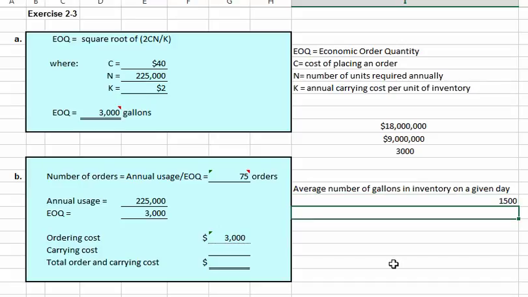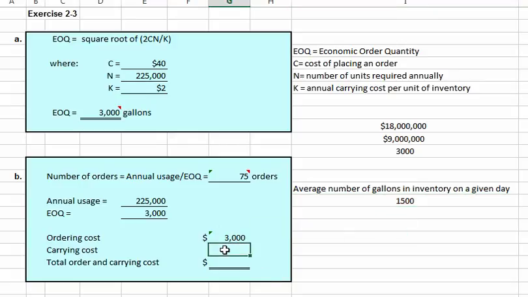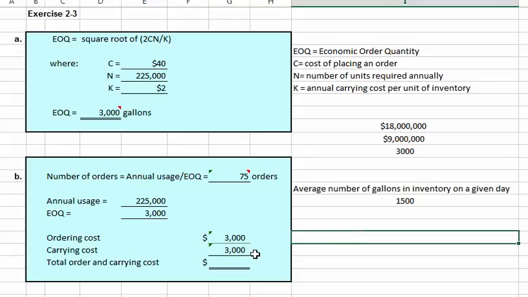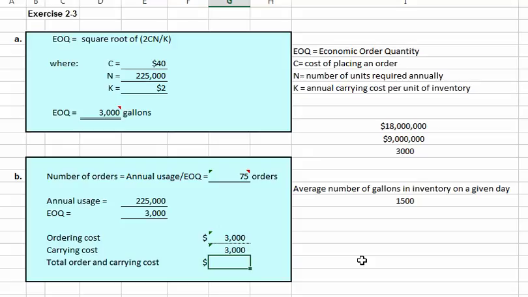So 1,500 gallons is the average number of gallons we'd have in inventory. To get the carrying cost, we'll take that average number of gallons in inventory on a given day, 1,500, times our annual carrying cost per unit of inventory, $2. And that one comes out to 3,000 as well. Again, that one's unrelated to your EOQ or to the ordering cost. Whoever wrote this problem just had a fondness for the number 3,000, I guess.